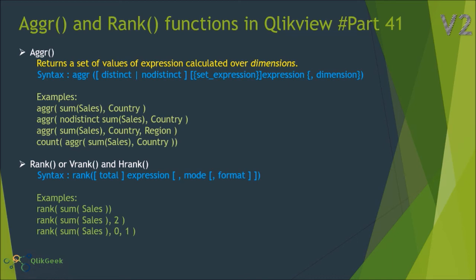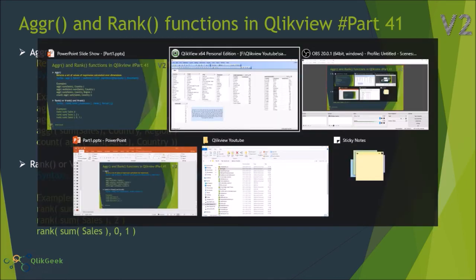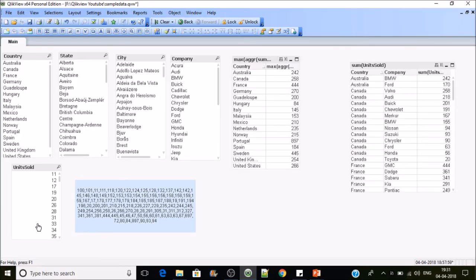There are five modes: 0, 1, 2, 3, 4, and the formats are 0, 1, and 2. The recommended mode is 4 and the recommended format is 2. So let's quickly jump into Qlikview and see the actual working.